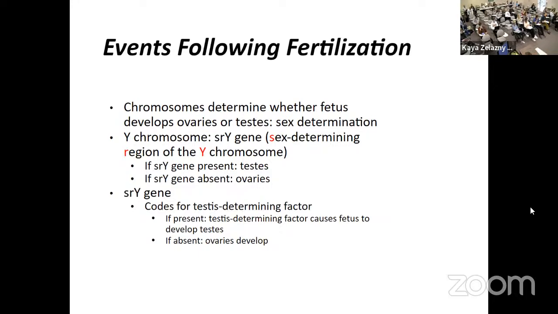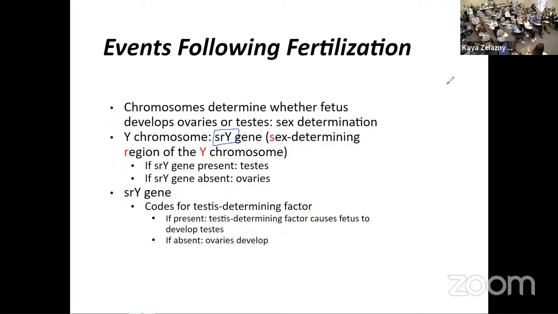When we are thinking about development of anatomical and physiological structures, biology thinks about whether there is a Y chromosome or no Y chromosome. This is because on the Y chromosome, you find something called the SRY gene. The Y chromosome is always smaller and has fewer genes than the X chromosome.